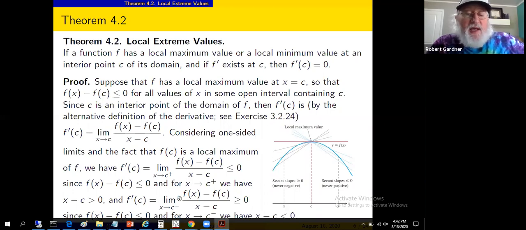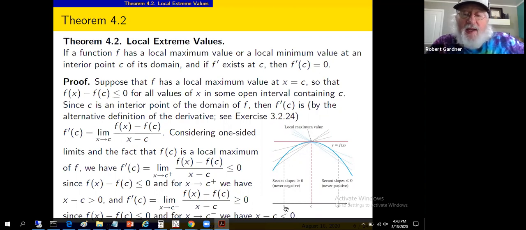How about the limit as x approaches c from the negative side? Well, f of x minus f of c, we still got that being non-positive, less than or equal to 0. This time, though, x minus c is negative. We're looking at x approaching c from the negative side, so it's over here somewhere.